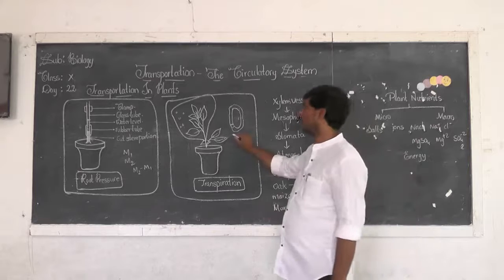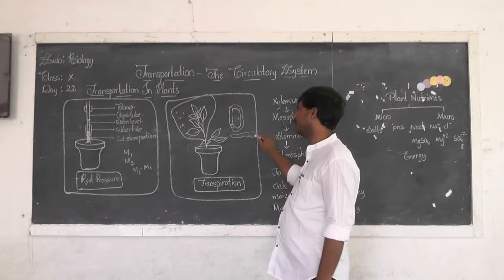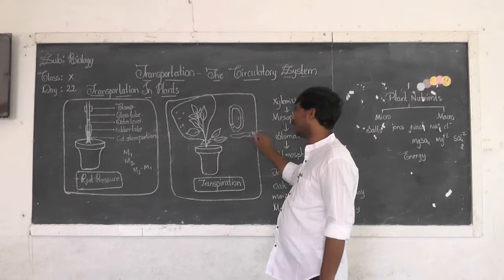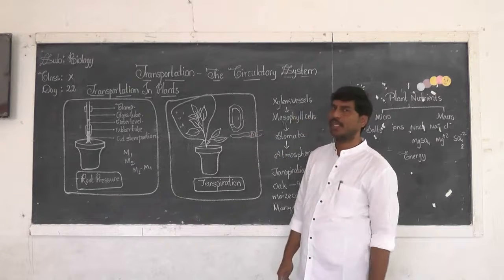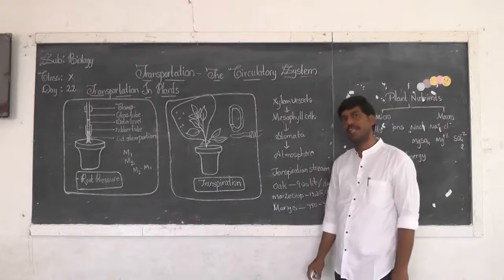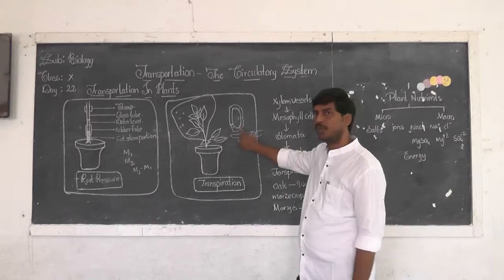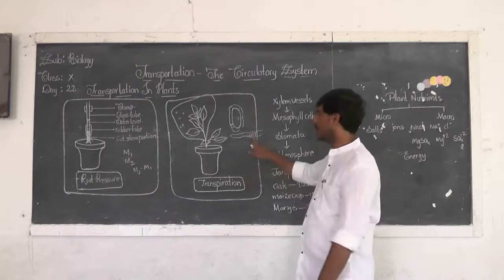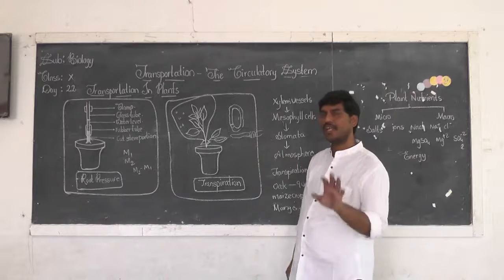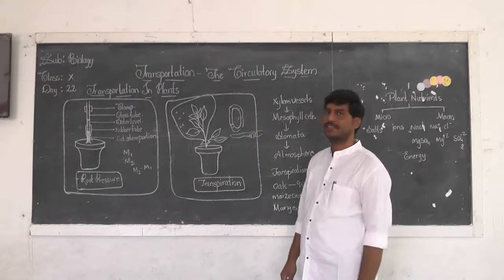On the lower side you can find the stomata. Of course, stomata are present in the upper epidermis also, but the number of stomata is more in the lower epidermis compared to the upper epidermis. Now this water evaporates and comes out in the form of water vapor through the stomata, and if it is a stem, it comes out through the lenticels.